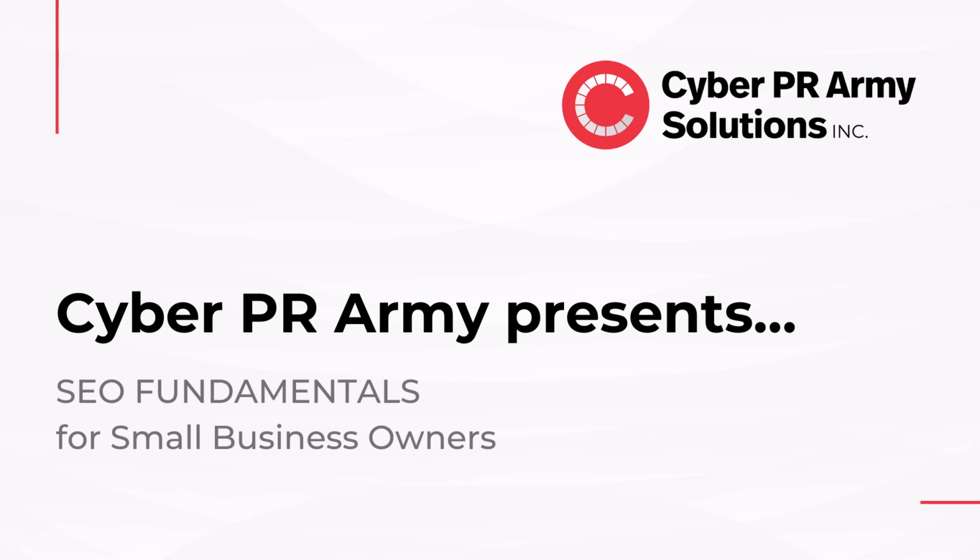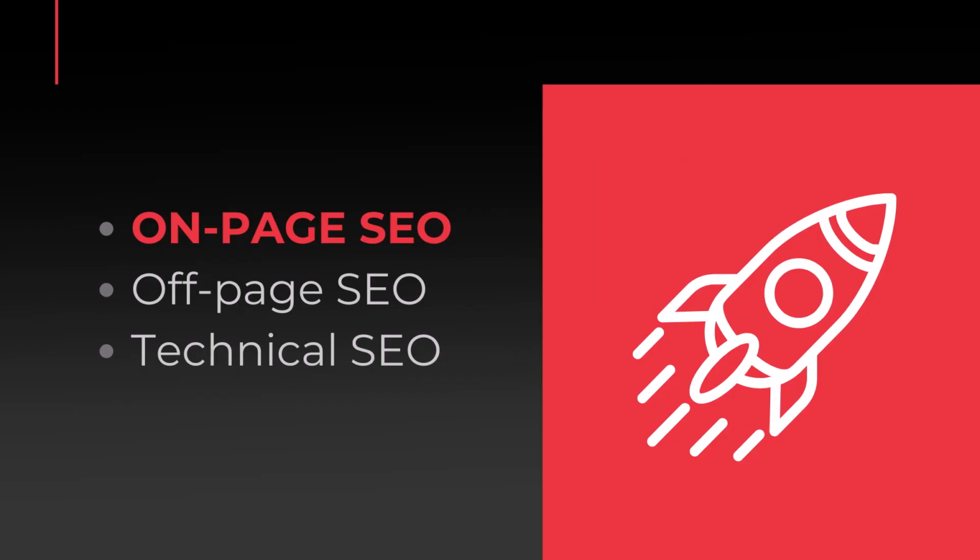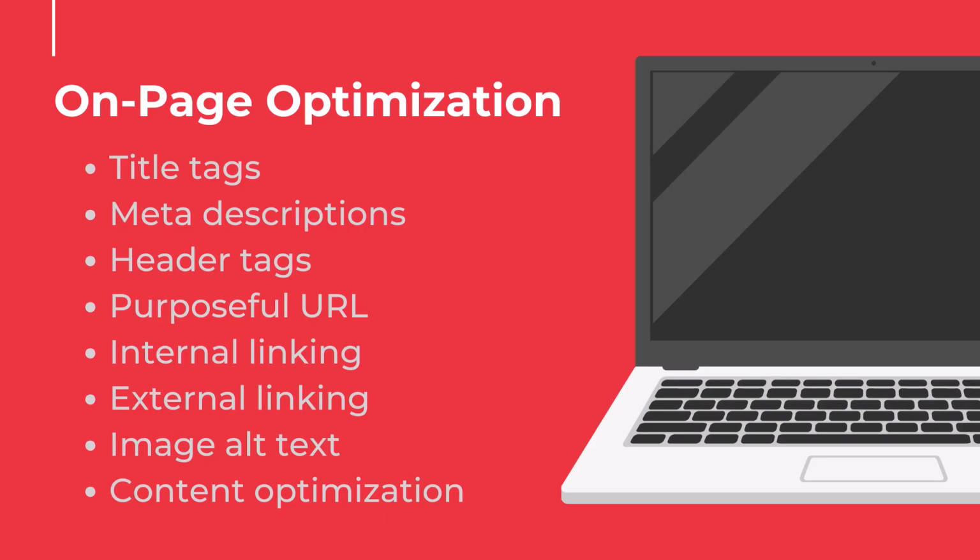In our last video, we looked at some of the basic things you needed to know about SEO. And today we're going to look at on-page SEO specifically. So what is on-page SEO? Well, this is, strictly speaking, everything that goes into creating a page on your website.